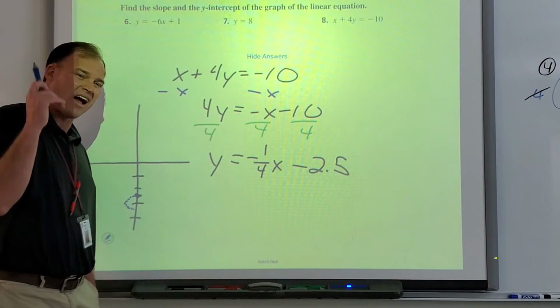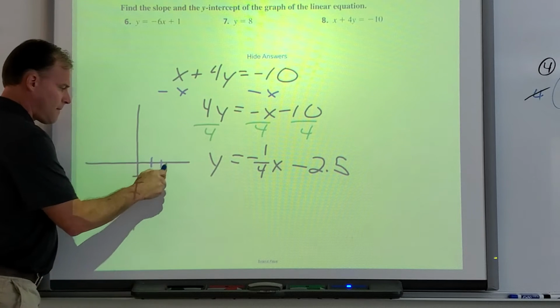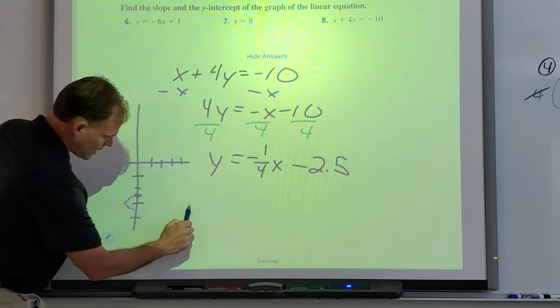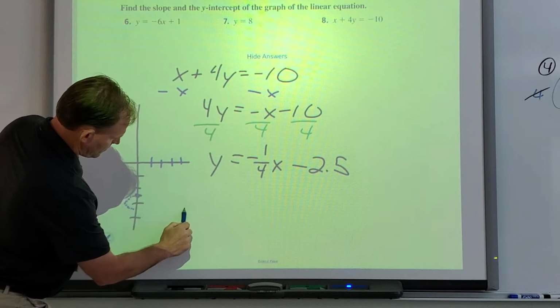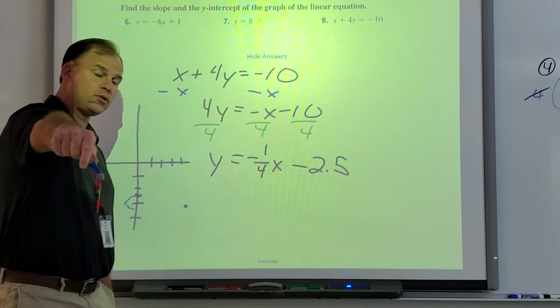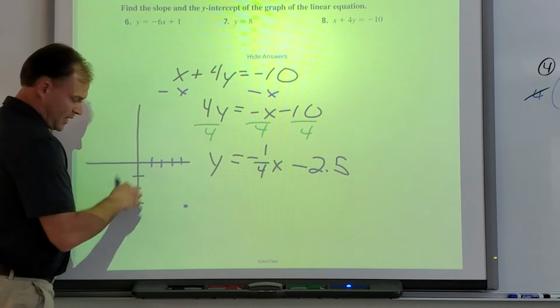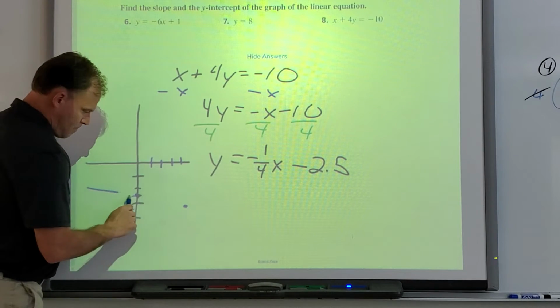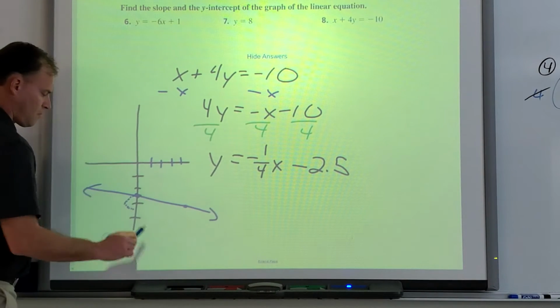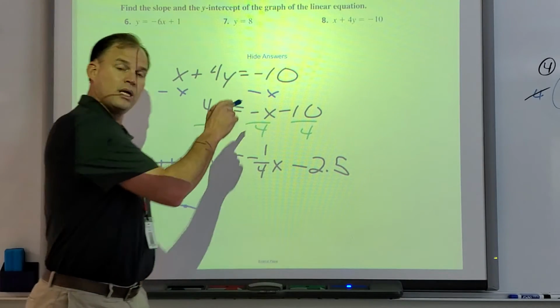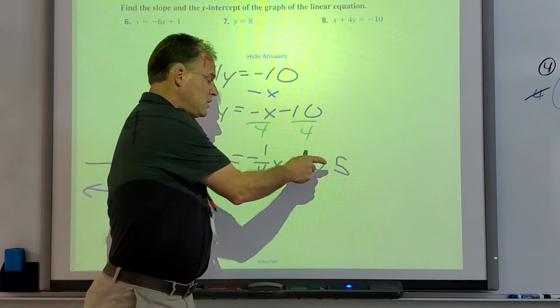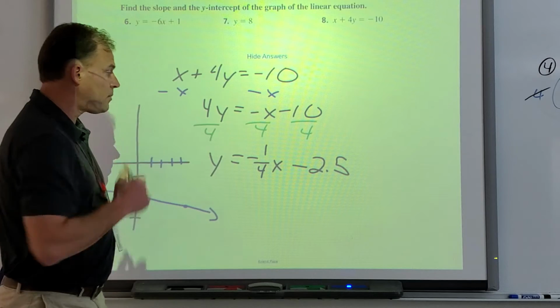I'm still halfway between. And then right 4. Now on the computer that'll be a little easier for you to do. It's tricky to do freehand to kind of make it look good. But there's your slope. Pretty simple method, a little harder when this is a fraction, but there you go.